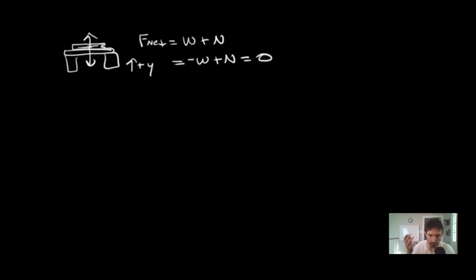The net forces equal the weight plus the normal force. If you took this direction to be positive y, that would be negative weight plus the normal force, and they would equal 0. Then we would say that it is in equilibrium: the net force acting on the object is 0.